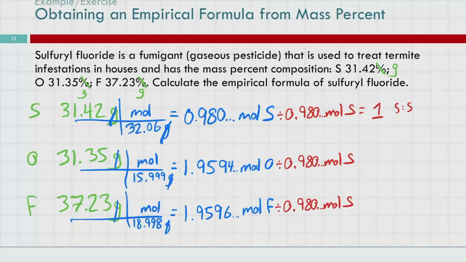And this is our cool fact, 1 sulfur for every sulfur. And the other two are about 2. 1.999... oxygen per sulfur. So about 2 oxygens for every sulfur.